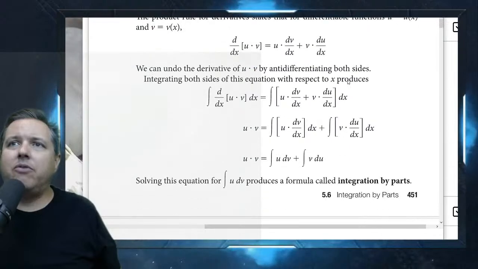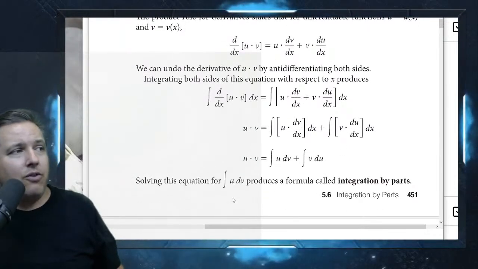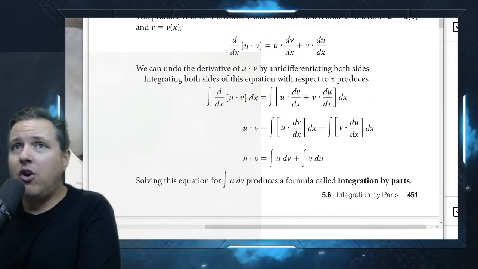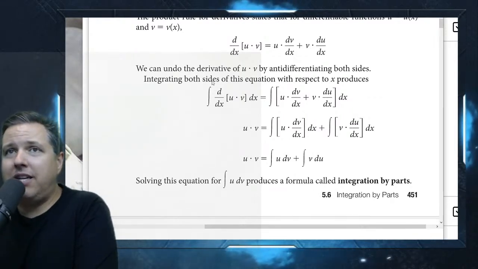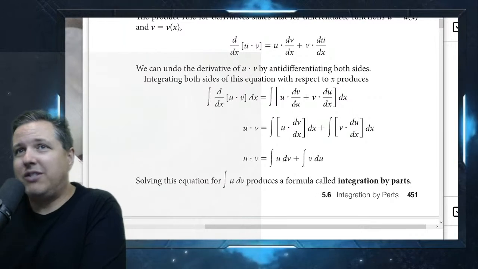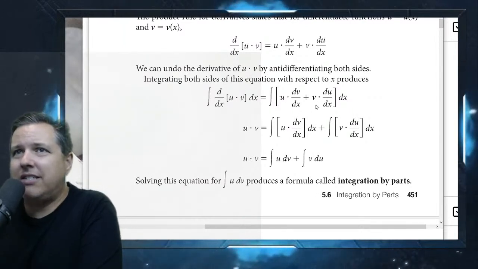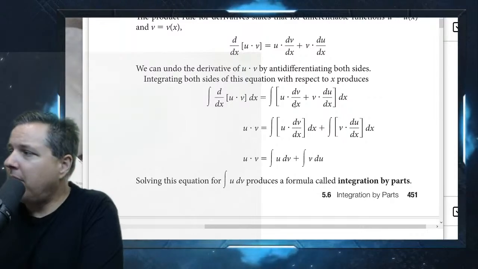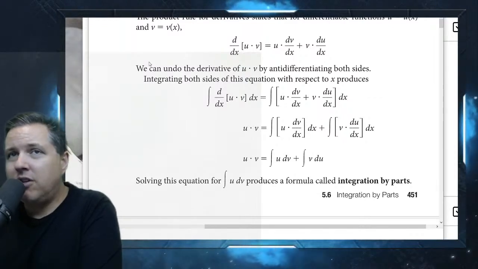Actually, they derive it right here is where they derive it. So if you want to work through that, you can actually see where the formula comes from. All it is basically you're taking the integral of the derivative of u times v. So remember this. So what is this? What is this u and dv dx and v and du dx? That's just the product rule. Remember for derivatives? So we're taking the integral of a derivative of a product.